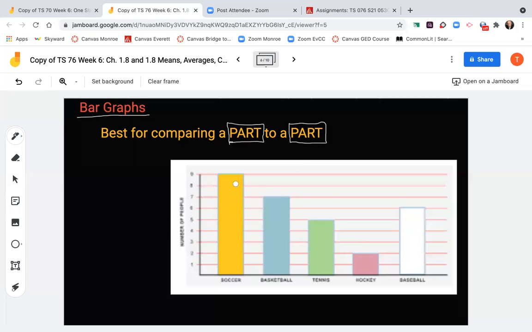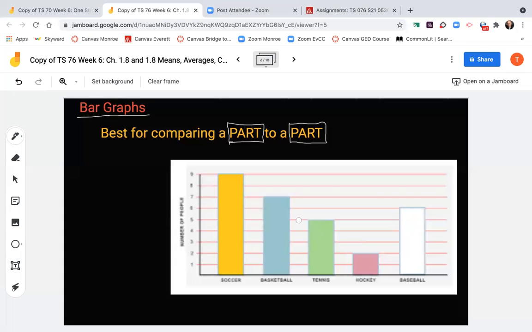I can look at soccer right away and know that it's the most preferred sport. I can look at hockey and know it scored the lowest. I could look at basketball and baseball and say they're pretty close. That's why bar graphs are used often.